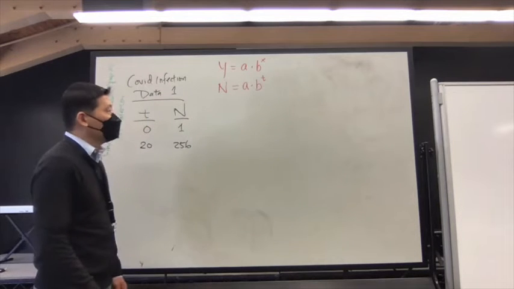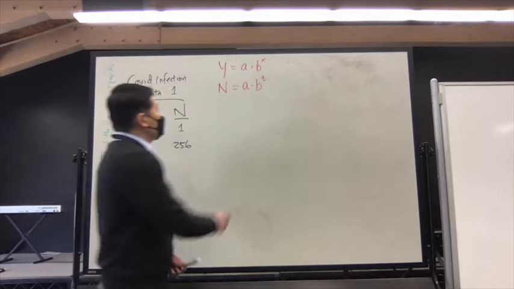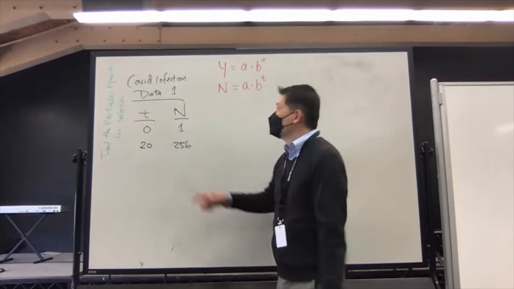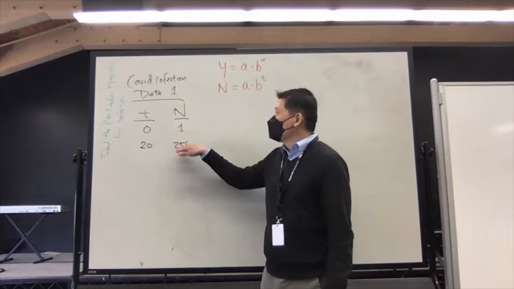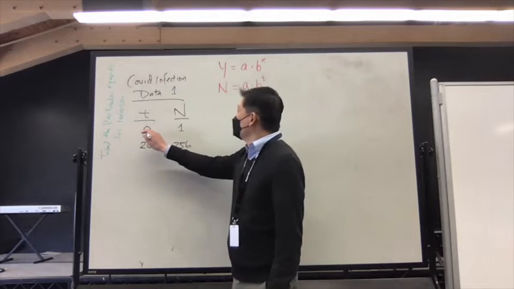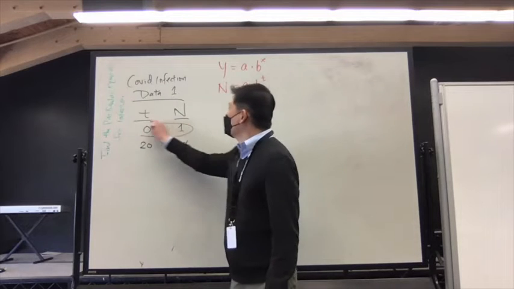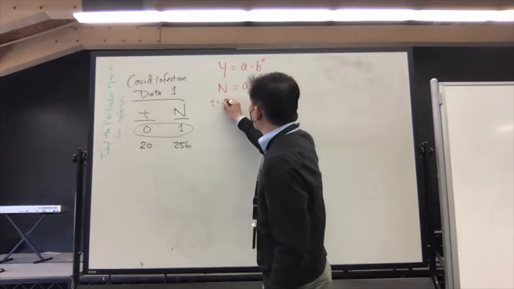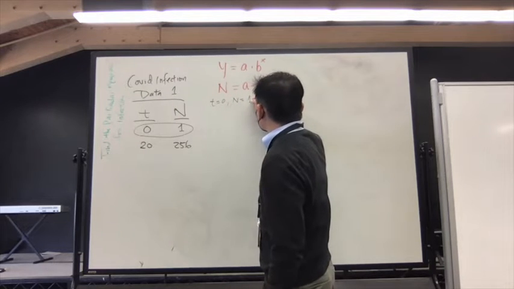Ready? Now, n is equal to A times B to the t power. We have two sets of data. You take one set of data first, this one, right? So that means t is equal to 0 when n is equal to 1.